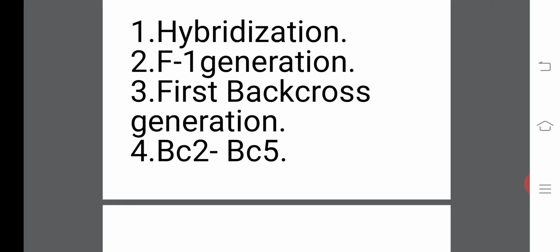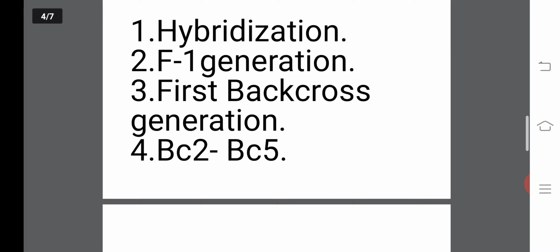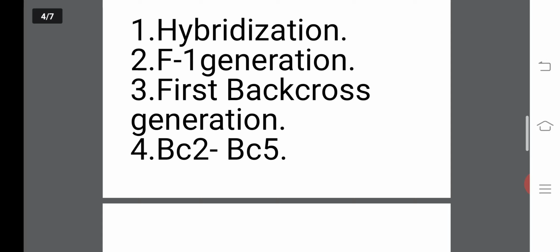Rust resistant plants are selected and backcrossed to variety A. BC1 plants resistant to the rust may be selected for their resemblance to variety A as well.